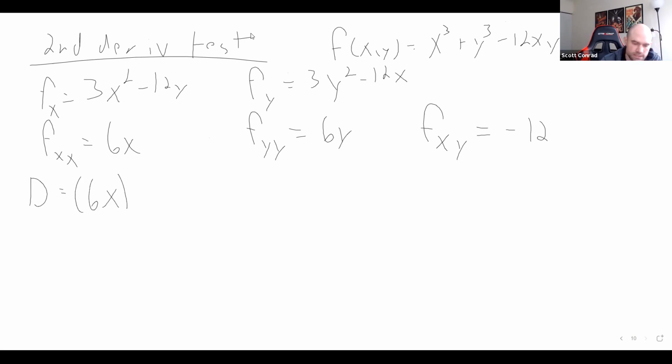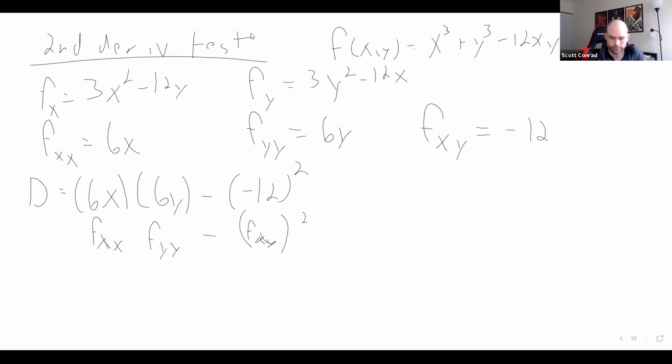So the discriminant is fxx, which is 6x, times fyy, which is 6y, minus fxy squared. So we got 36xy minus 144.